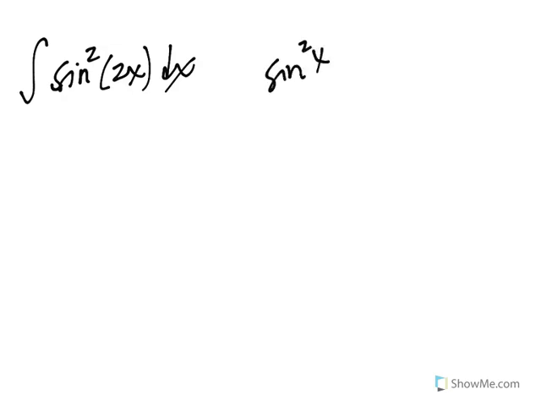All right, here's another example. If I take the integral of the sine squared of 2x dx, you'll notice that while I have the sine, I have nothing to serve as du. So we're going to use power-reducing identities from trig. The sine squared of x is equal to 1 minus the cosine of 2x all over 2.